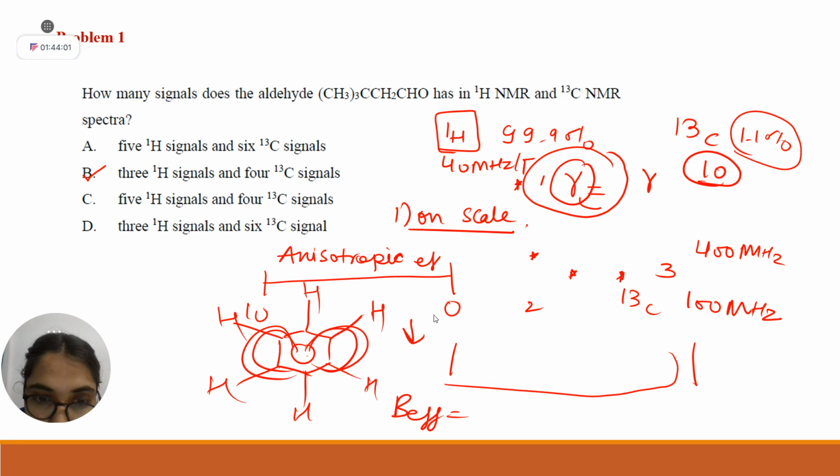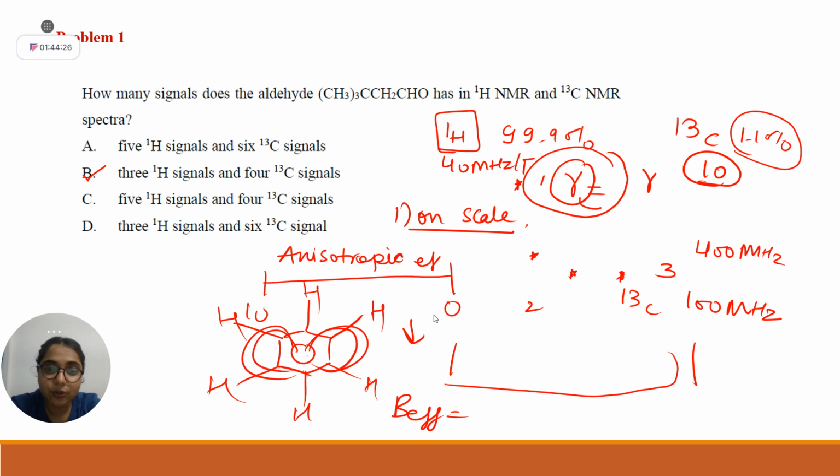Whatever ring current, the electrons moving over there, is in the opposite direction. Let's say your applied field is in a clockwise direction, but the ring current is anti-clockwise, so it is not aligning with it.